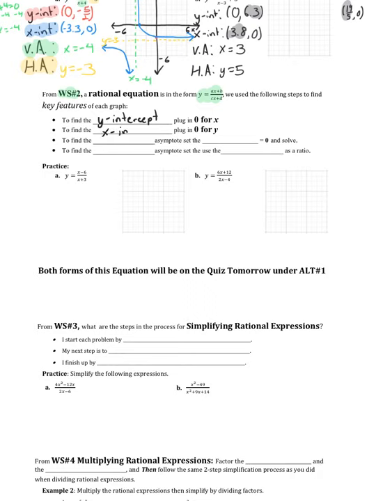We still plug in 0 for y to find the x-intercept. And to find the vertical asymptote, set the denominator equal to 0, which is essentially what we did before on the previous version. The only one that's different is the horizontal asymptote. To find the horizontal asymptote, use the leading coefficients as a ratio.